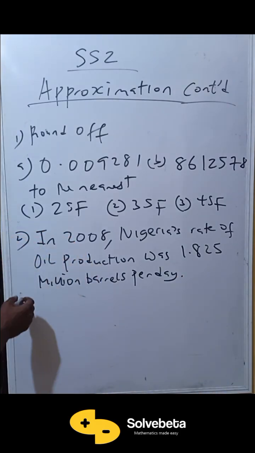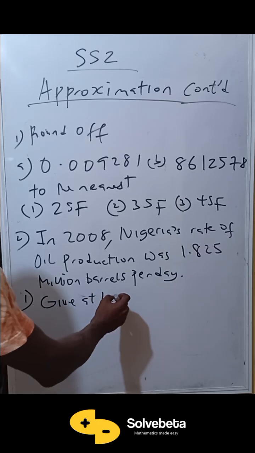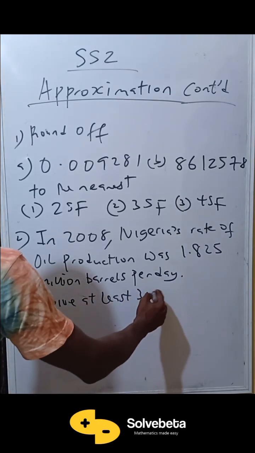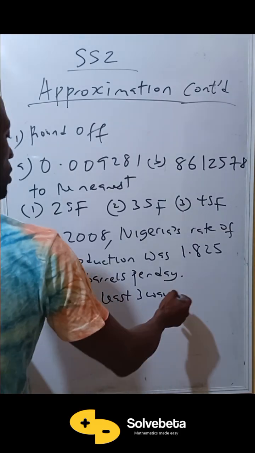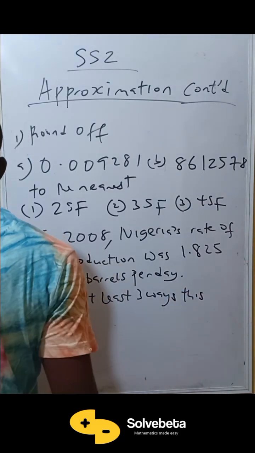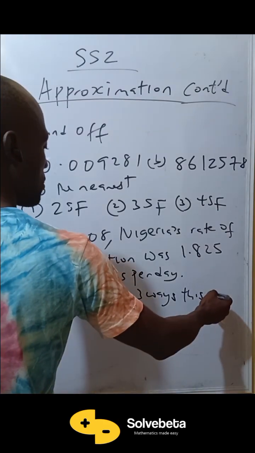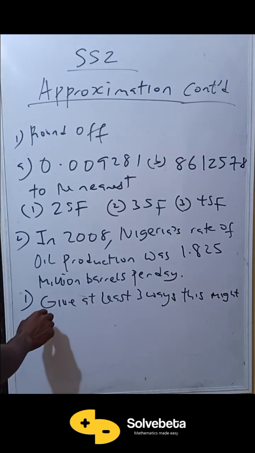Give at least 3 ways this could be reported. I always like applied questions. 3 ways this might have been reported.